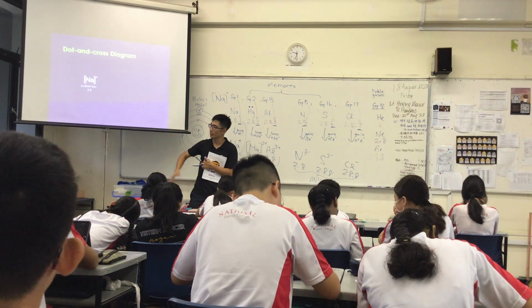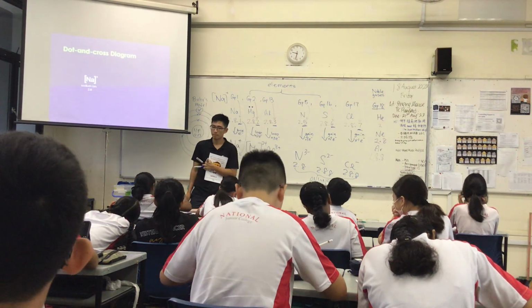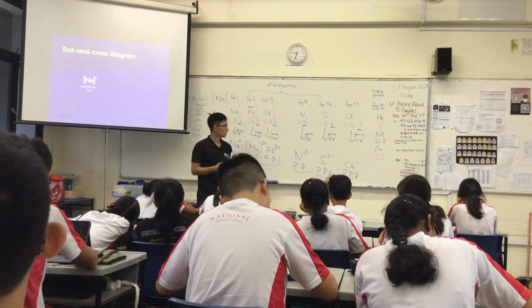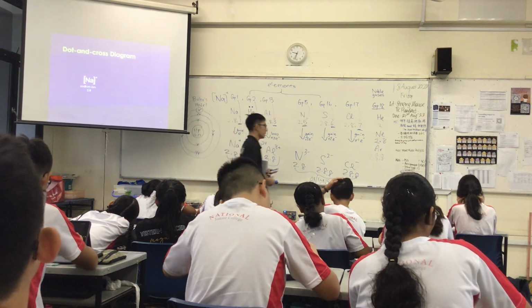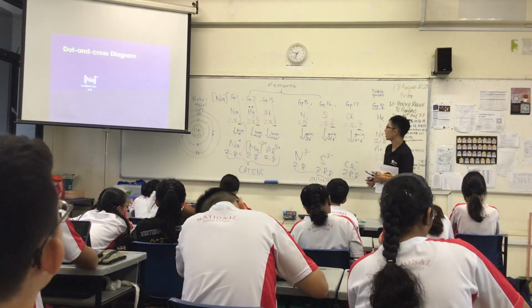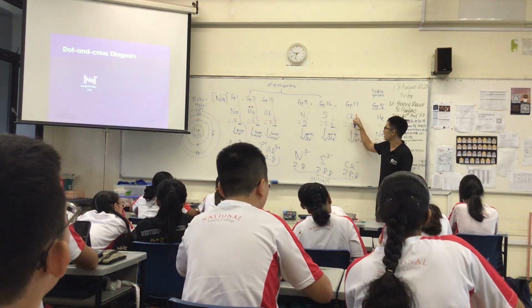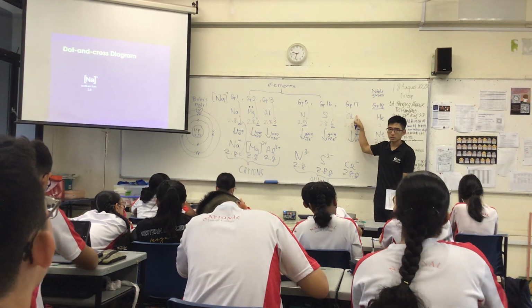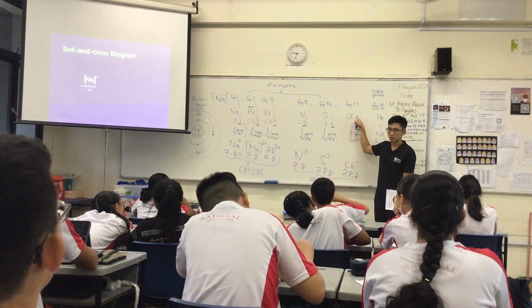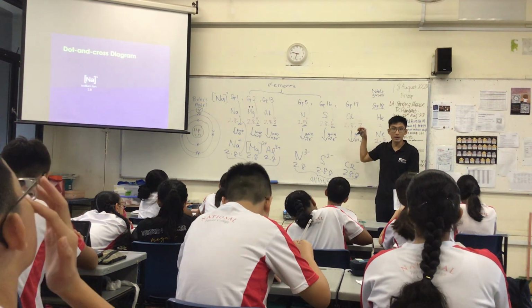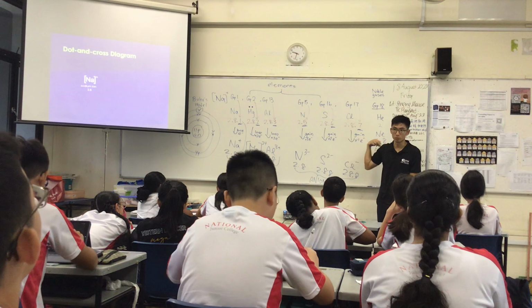That is the N version, the ion version. Let me give you another example. Let's look at chlorine. What would the dot and cross diagram for chlorine look like? Seven dots or seven crosses, up to you.